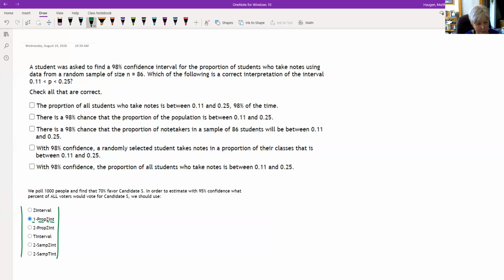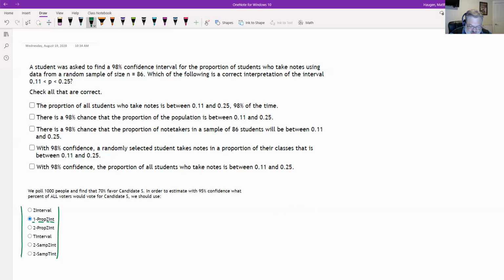But Kim, your question about the vocabulary is nice. So let's look at that. I see a student was asked to find the 98% confidence interval for the proportion of students who take notes using data from a random sample of size 86. Which of the following is a correct interpretation of the interval of a proportion between 0.11 and 0.25?